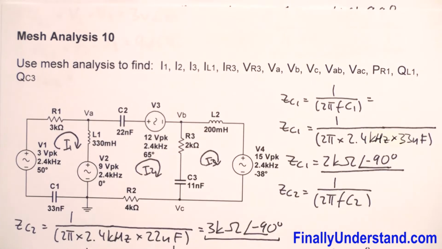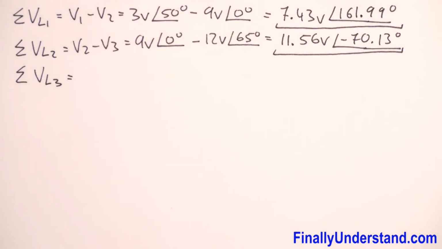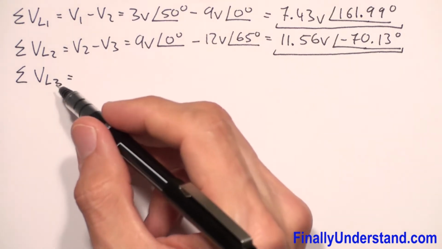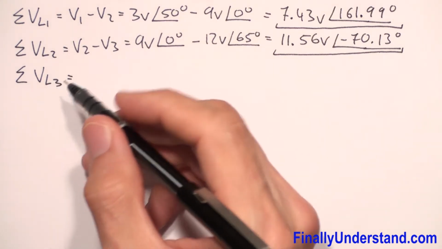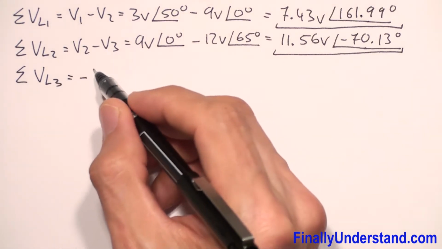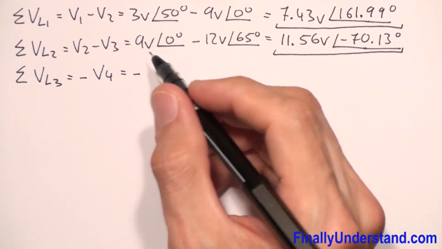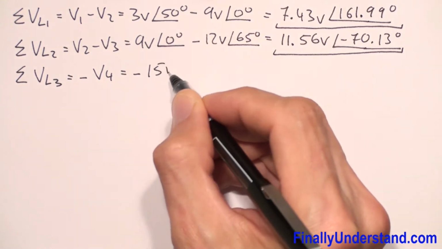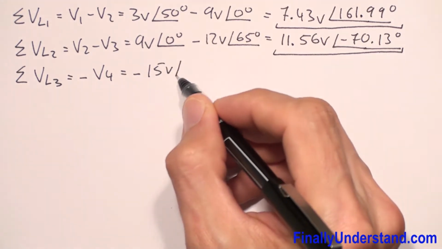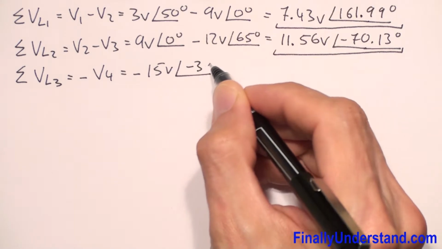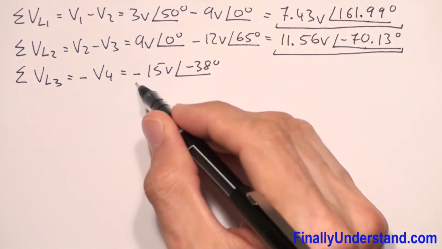That's why I'm going to say this is negative V4. So the sum of the voltages in loop 3 is equal to negative V4. So this is negative 15 volts and angle of negative 38 degrees.